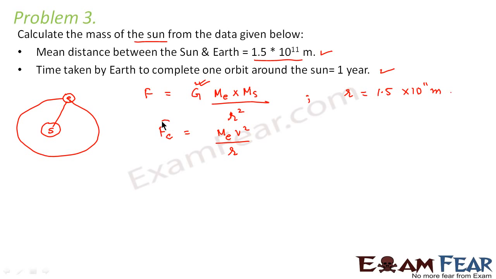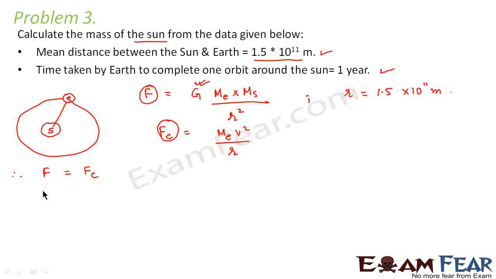Now this force should be equal to the force of gravitation, because only then would the movement of the earth around the sun be balanced, when the centripetal force acting towards the center is balanced by the gravitational force exerted by the sun on the earth. So F should be equal to Fc.